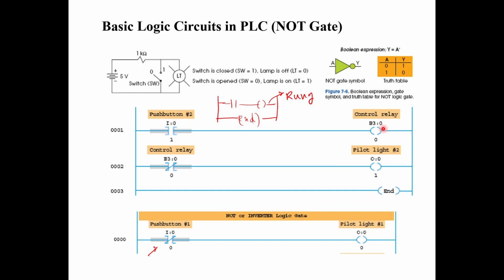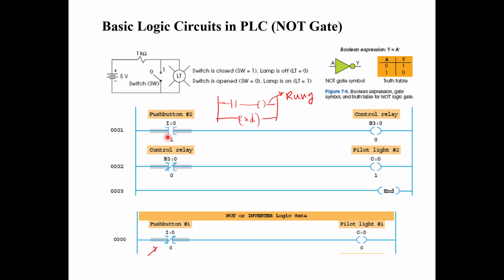You use it in the first rung as an output, but in the second rung as an input. You can see that the memory address and the bit address are the same. This time you're using it as a normally closed input, and it is actually driving the pilot light.